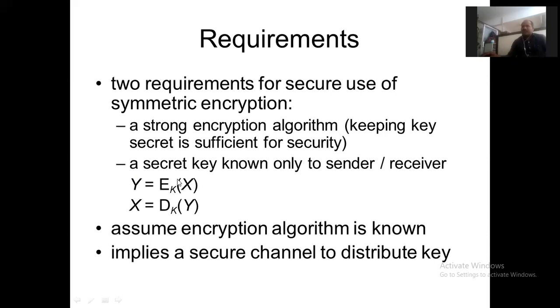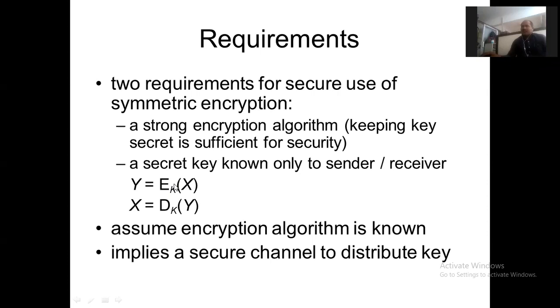So what is the sender doing here? The sender is going to perform some process on the x, that is the plain text, along with the key k here. That process is nothing but the encryption of x along with the key k. The key k is nothing but the shared secret key.